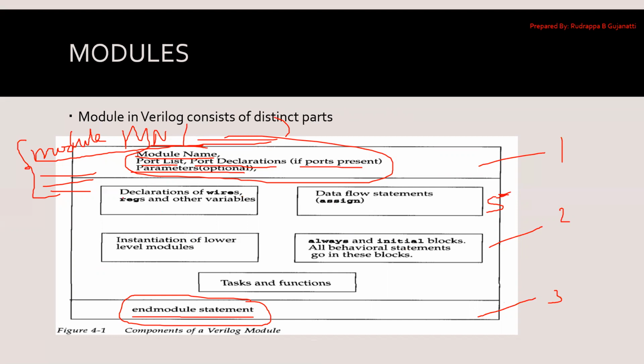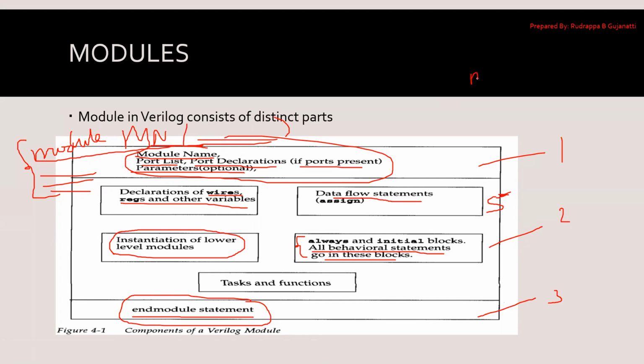We can have declarations related to wires, registers, and other variables. Then we can have the data flow implementation, related to the data flow level of abstraction. Then we have the behavioral level of abstraction, given by this part. And then we have another element called instantiation. What is instantiation?